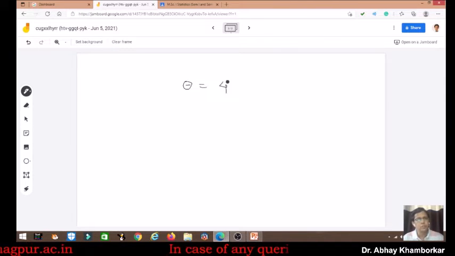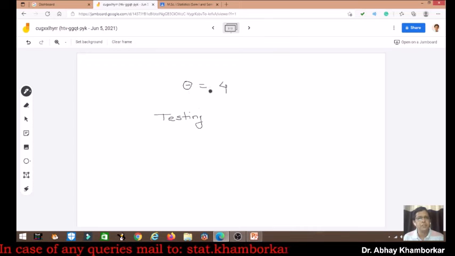Theta is still a population parameter. So this information, theta equal to 4, is what we want to check. We are going to draw a random sample and, using that sample, test whether this information is true or false.